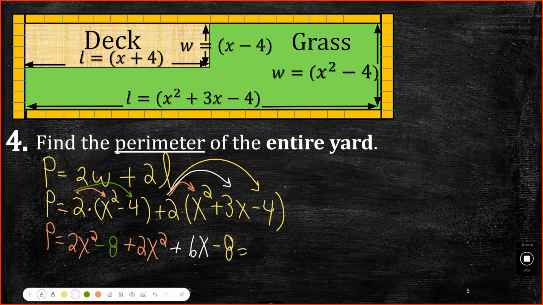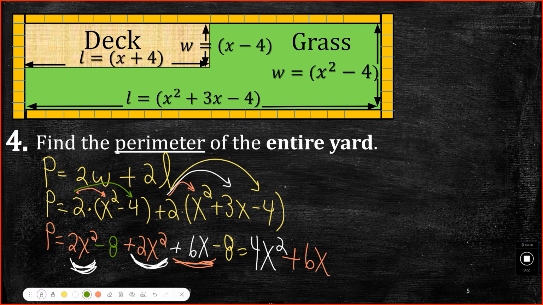What is 2x squared plus what? Is there another one to combine? Yes, 4x squared. And nothing else to combine with 6x? Just bring it down, 6x.